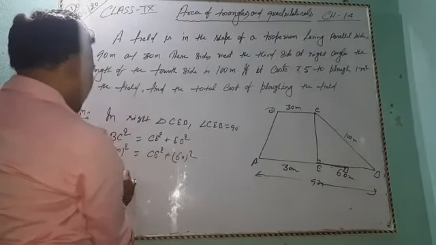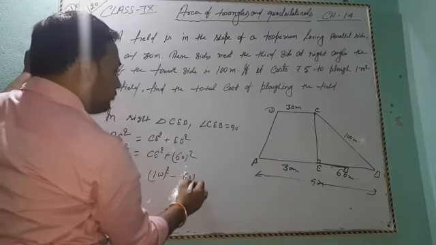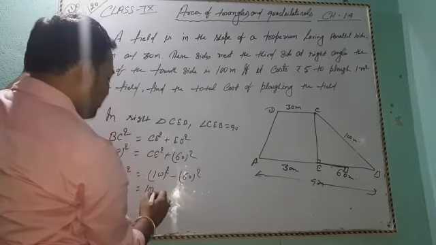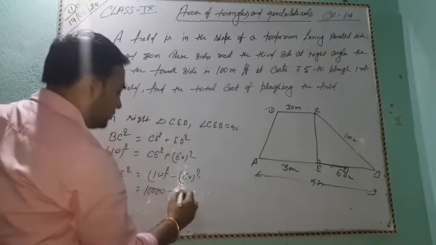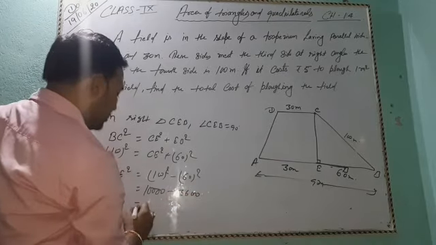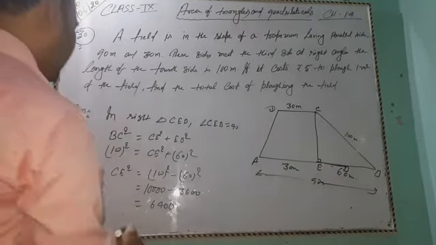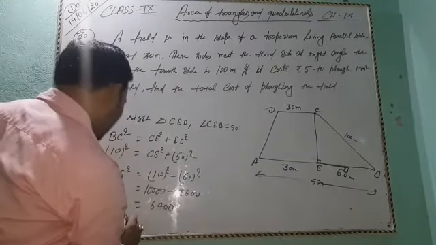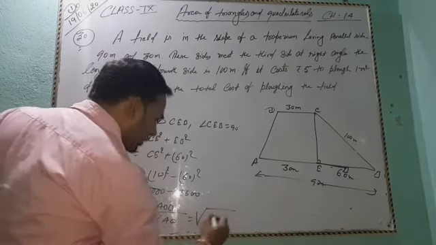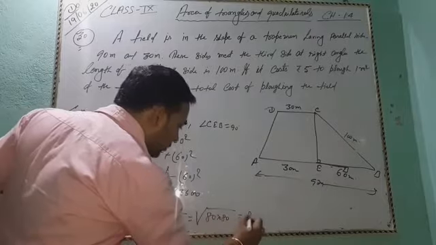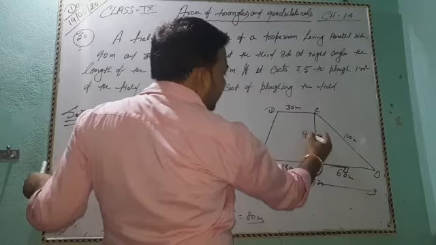So this implies CE square equal to 100 square minus 60 square, 10,000 minus 3600, 6400. So CE equal to root under 6400 equal to root under 80 multiplied by 80 equal to 80 meter. So the length of CE equal to 80 meter.